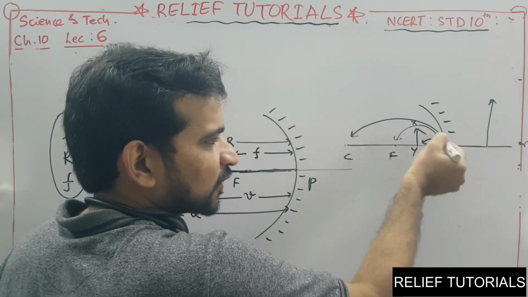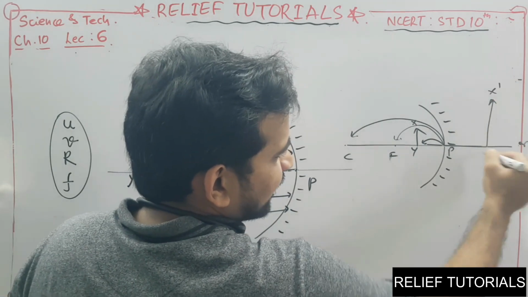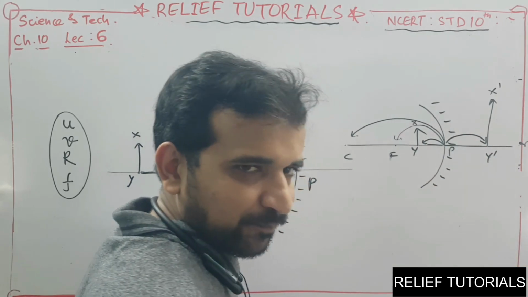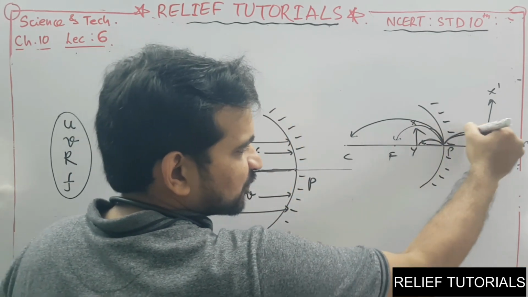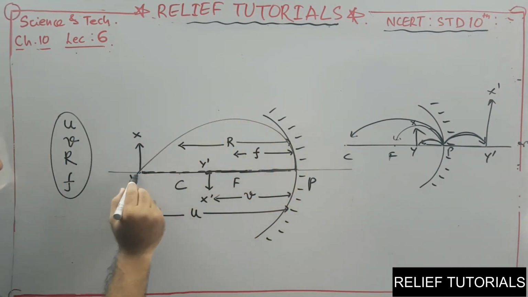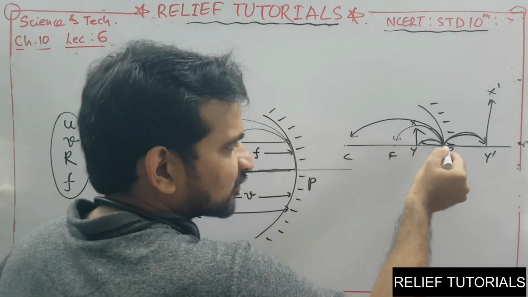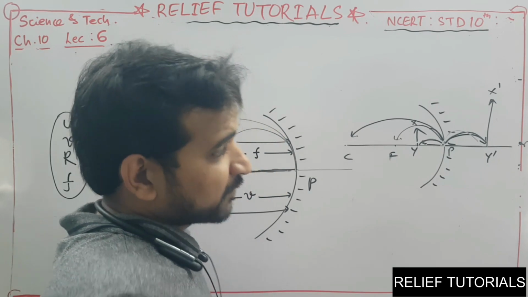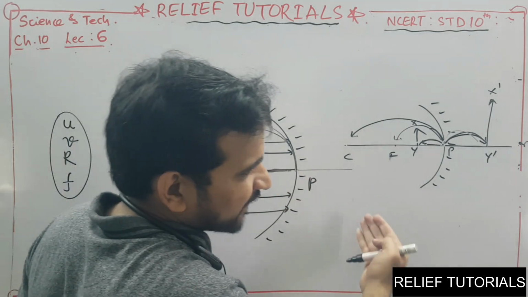All these distances you are measuring on the left hand side, but let us say this is X dash Y dash, so the P to Y dash distance you are measuring on the right hand side. Object distance means P to Y, image distance means P to Y dash. Here one is on the left, one is on the right. So some distances are on the left and some are on the right.